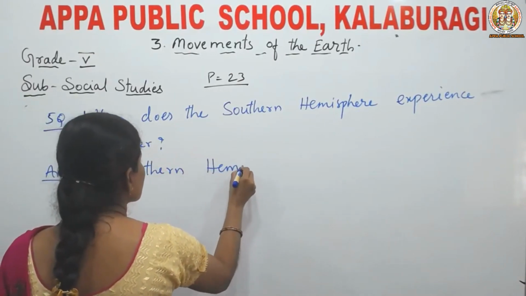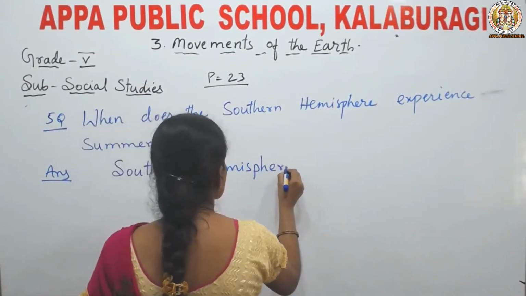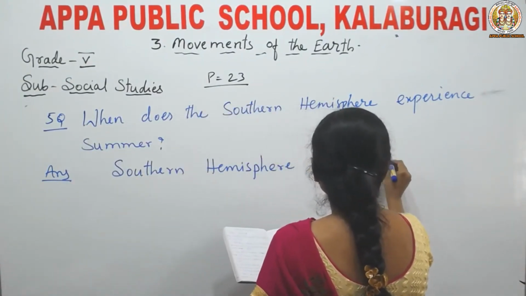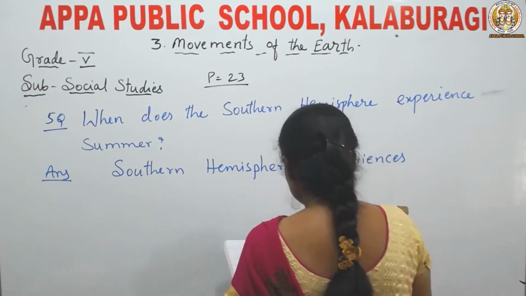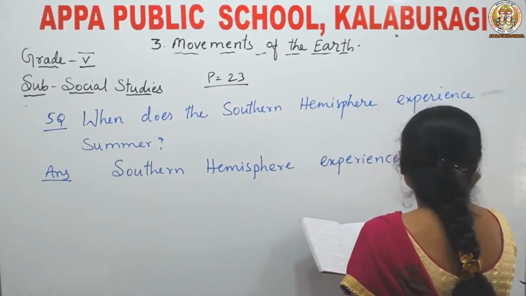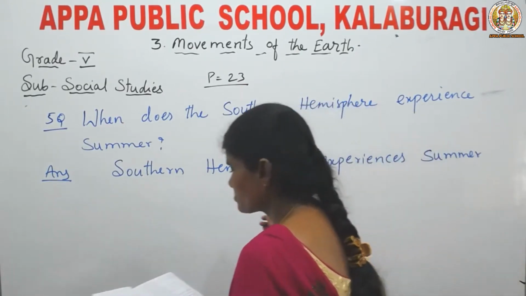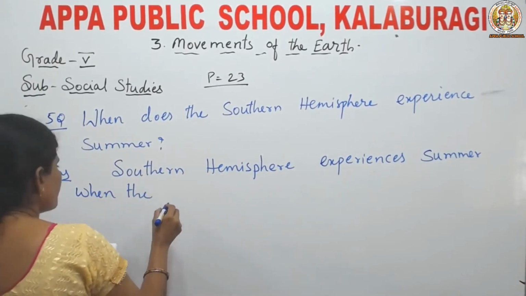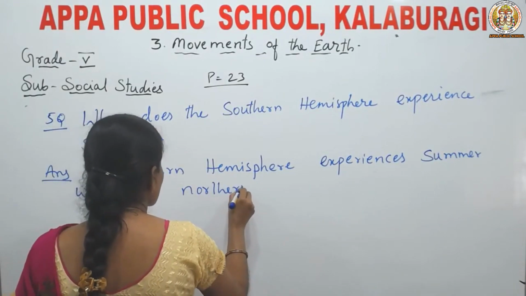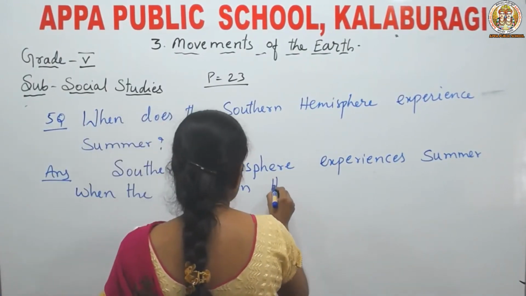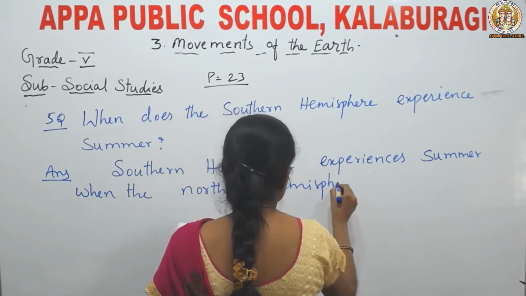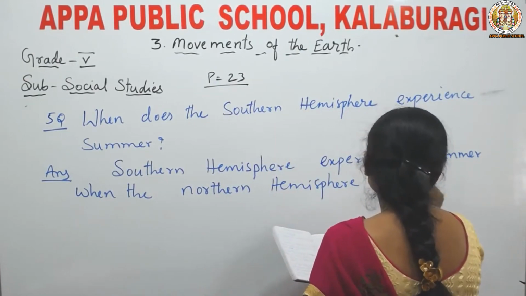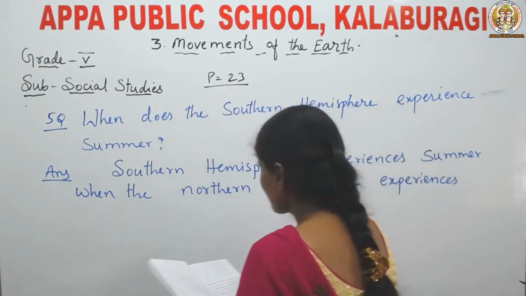Southern hemisphere experiences summer when the northern hemisphere experiences winter.